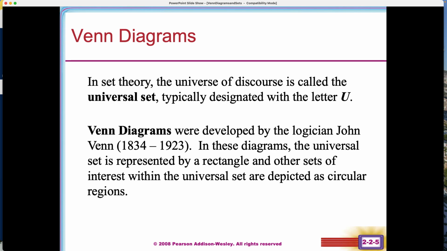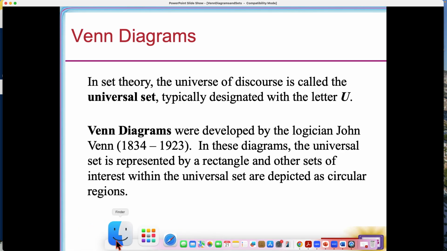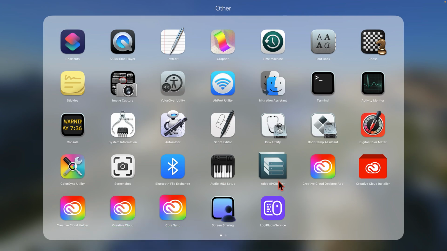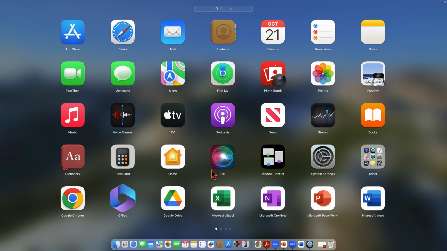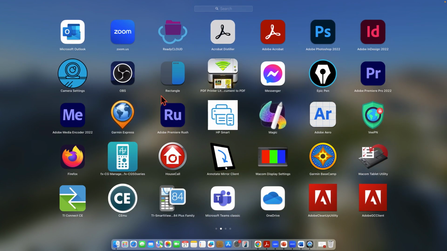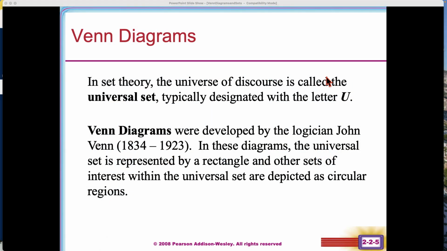The Venn diagram is credited to John Venn. That was his last name.